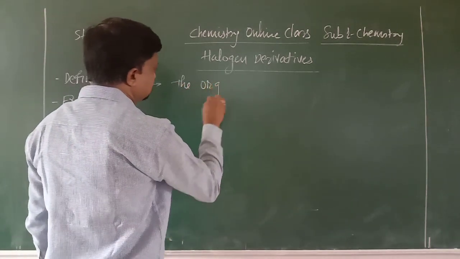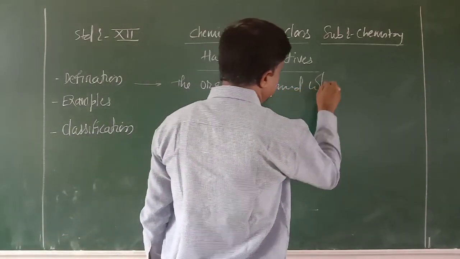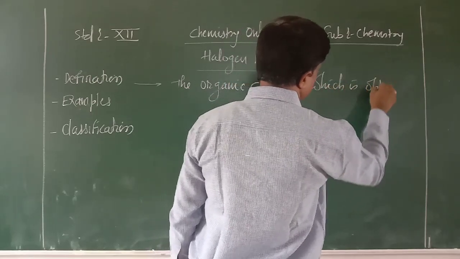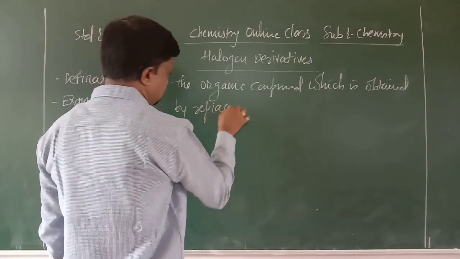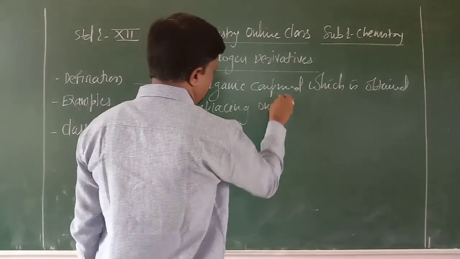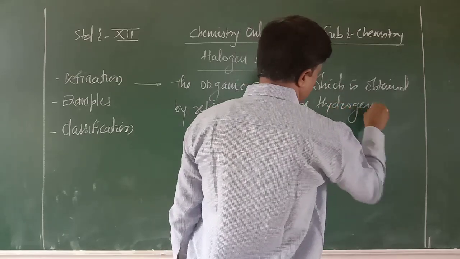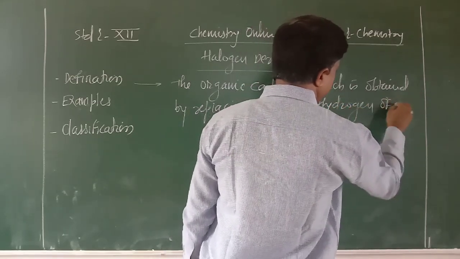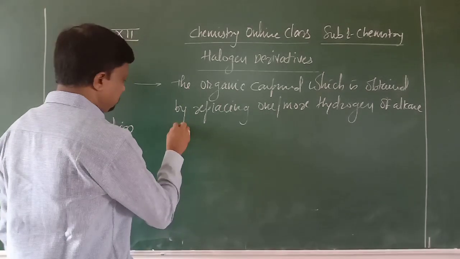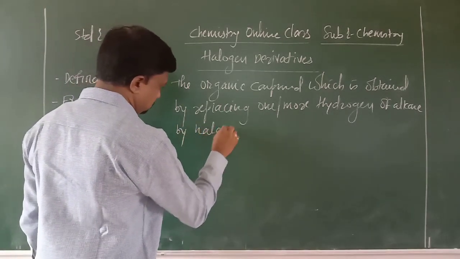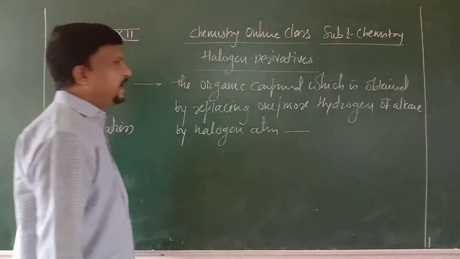The organic compound which is obtained by replacing one or more hydrogen of alkane or arenes by halogen atom is known as the halogen derivative.